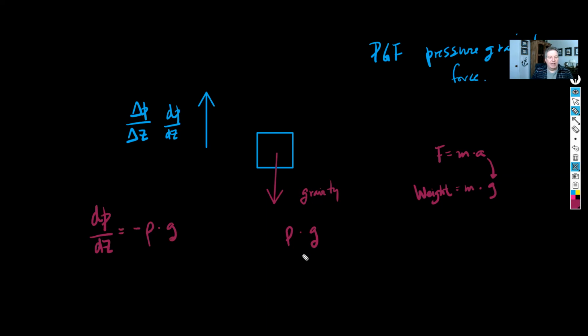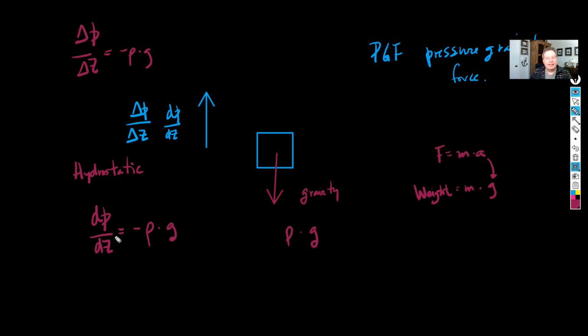And that's what we're looking at, negative rho g. This equation is called hydrostatic. That's the name of this equation, the hydrostatic equation. And you could have written it, change in pressure over the change in height is equal to minus rho g.